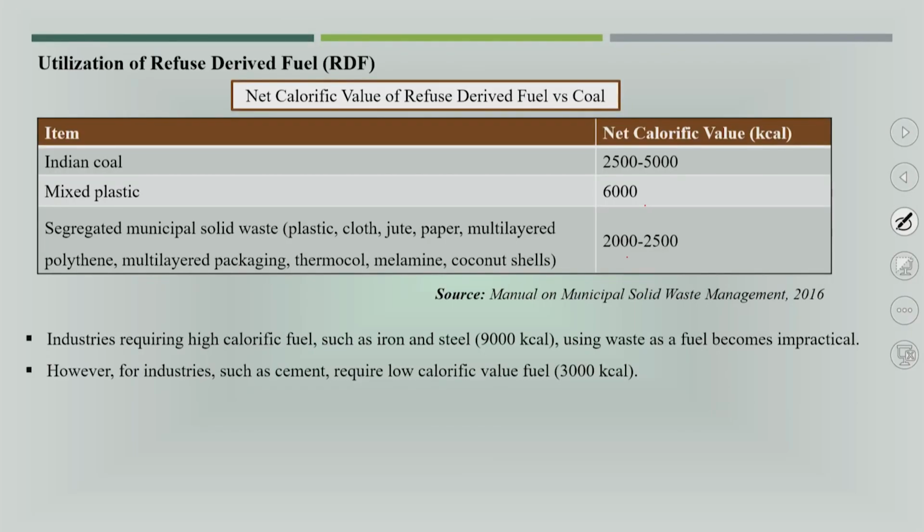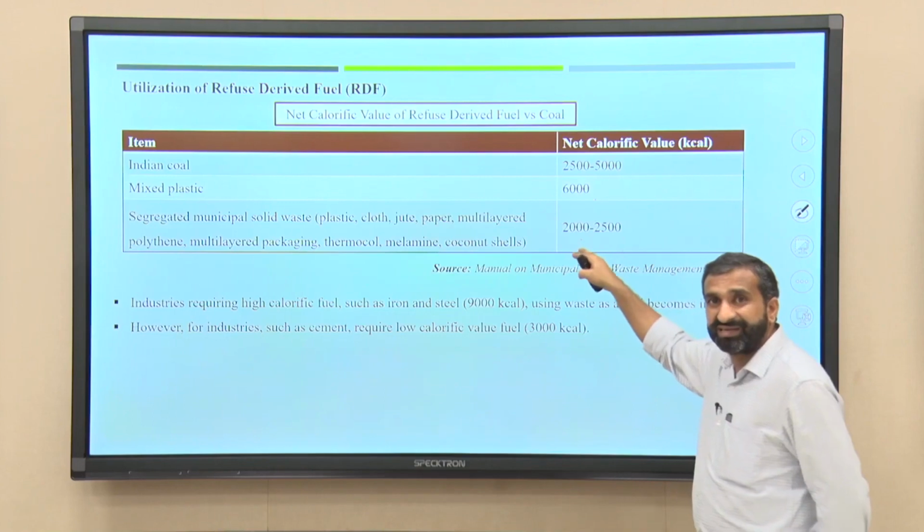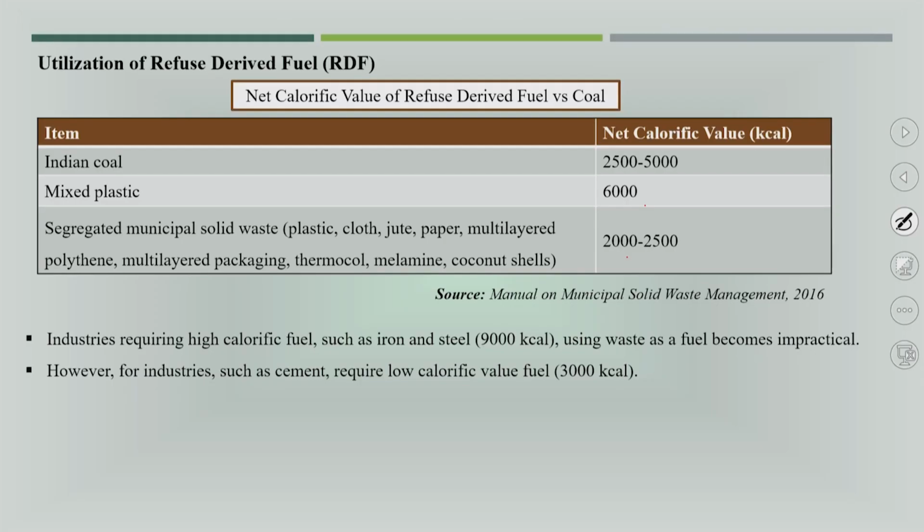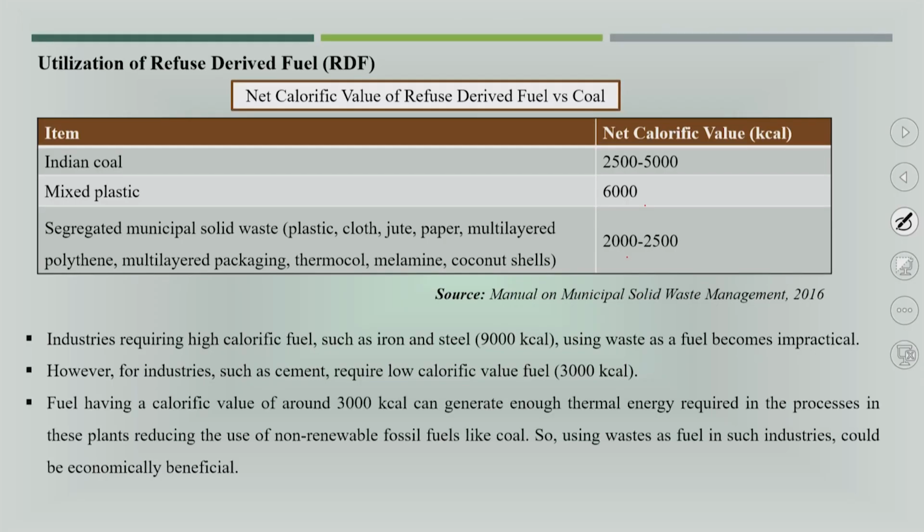However, an industry such as cement requires a low calorific value of waste, around 3000 kilocalorie per kg. So, obviously, these kinds of mixed or segregated MSW can be used for such industries. Fuel having a calorific value of around 3000 kilocalorie per kg can generate enough thermal energy required in the processes in plants like the cement industry, reducing the use of non-renewable fossil fuel like coal.